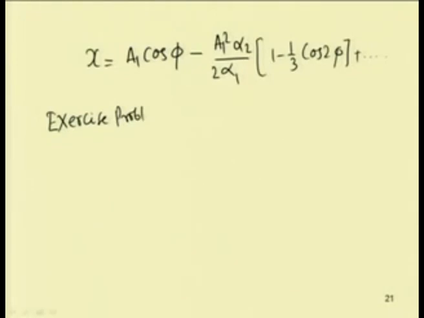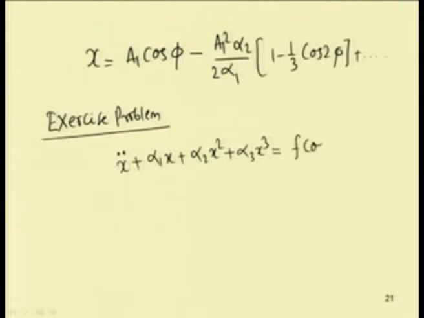Apply this method of harmonic balance to this equation: x double dot plus alpha 1 x plus alpha 2 x square plus alpha 3 x cube. We have taken this equal to 0, but let us take this equal to f cos omega t. Let us take this as an exercise problem and solve it.